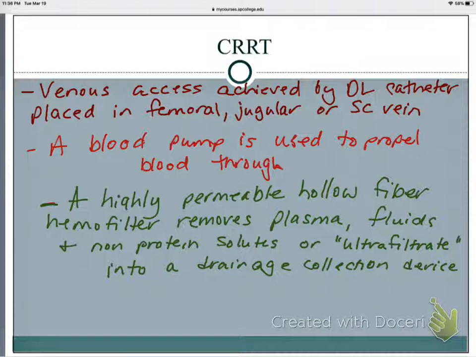And there's a return port, so the fluid goes through the filter and then returns to the patient. Same kind of way. They do use anticoagulants for this too, to prevent clotting, and they do that before the filter. So it's ideal for patients that need control over fluids and solutes, but can't tolerate those rapid fluid shifts like hemodialysis.